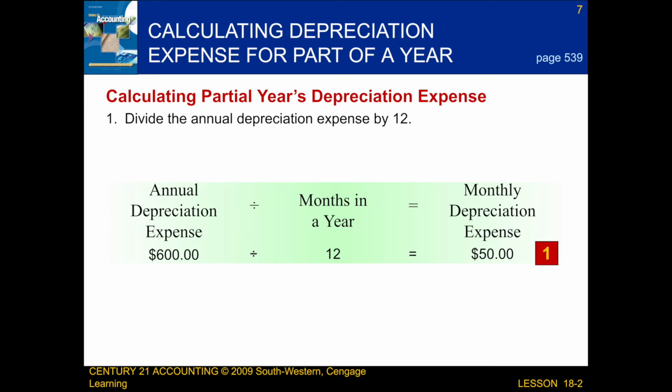Now, we don't always purchase equipment at the beginning of the year. So it's possible that I could have purchased a piece of equipment in the summer months such as June, July, or August. So let's say I purchase a piece of equipment on July 23rd.